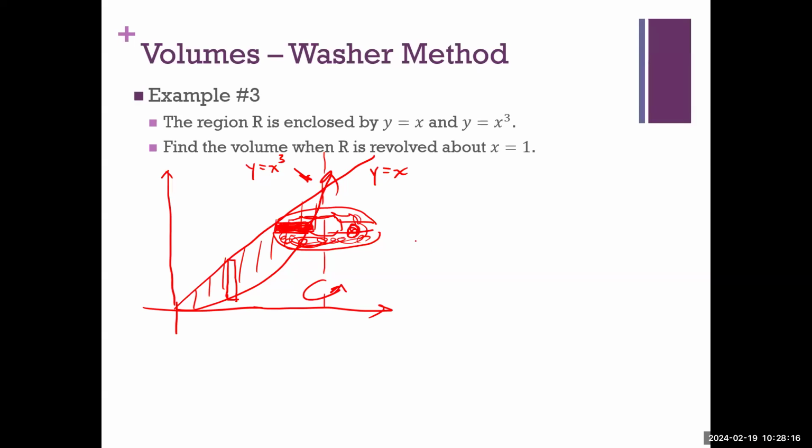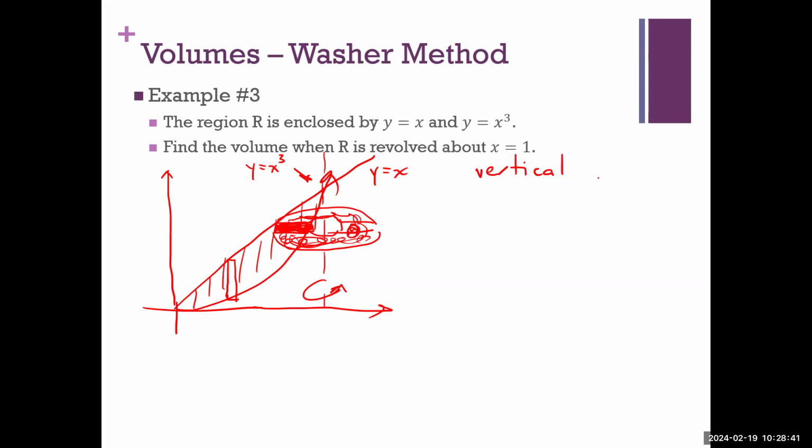But for now, basically everything we're doing with the disc and washer method, as long as we're using this method, the line we're rotating over is going to dictate what variable we're expressing the integral with respect to. So let's recap that now.